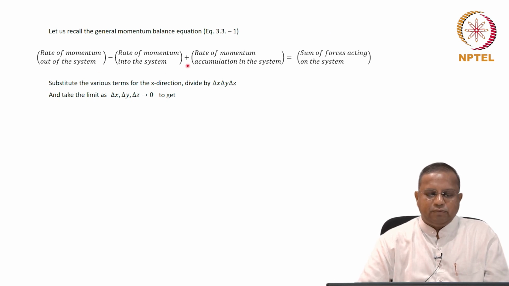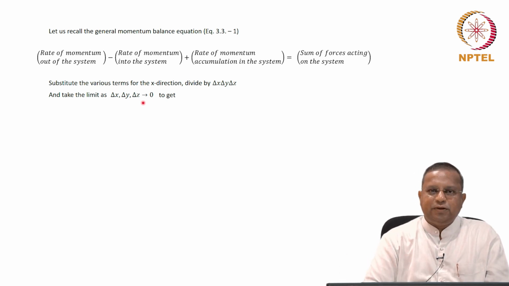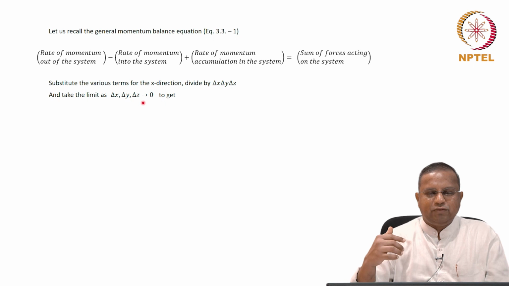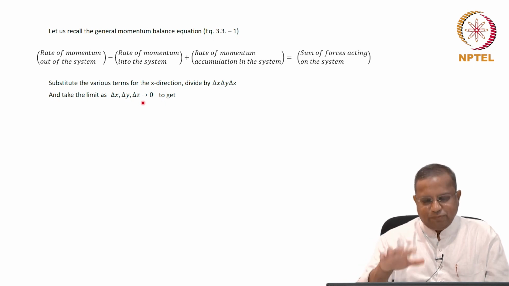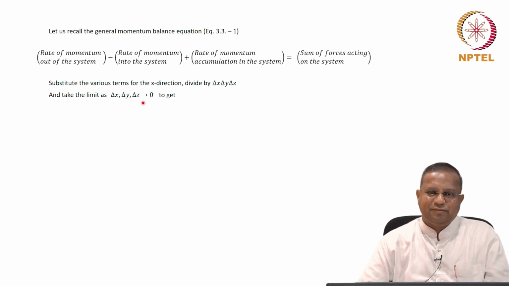Why don't you go and substitute these terms, divide throughout by delta x, delta y, delta z, then take the limit as delta x, delta y, delta z tend to 0, and see what you get. Then of course we'll compare and see whether you got whatever you're supposed to get. Okay. Pause. Go ahead, please.